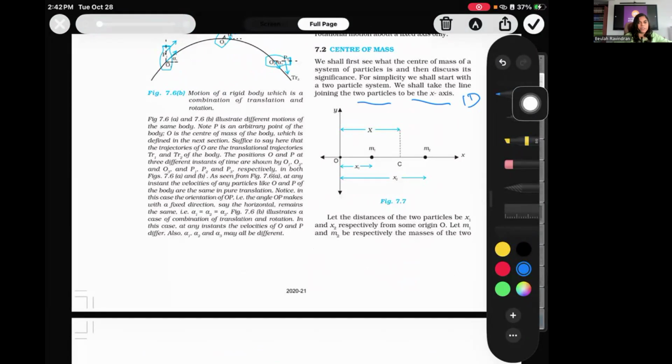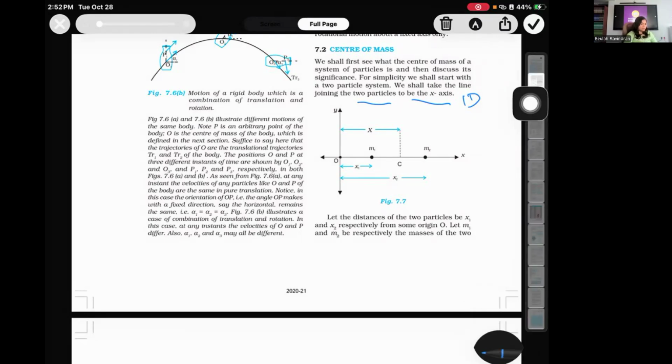So everything we are going to see in this particular topic. So here we'll see the center of mass.